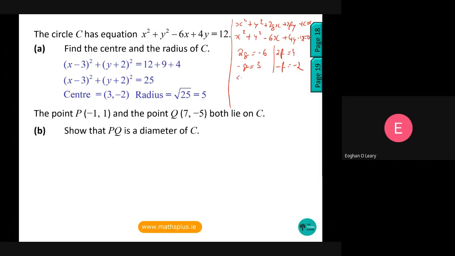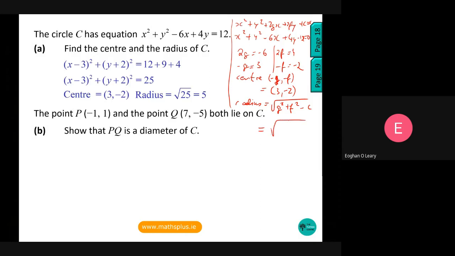So your center, which is (minus g, minus f), is going to be equal to (3, minus 2). And then your radius is equal to the square root of g squared plus f squared minus c.